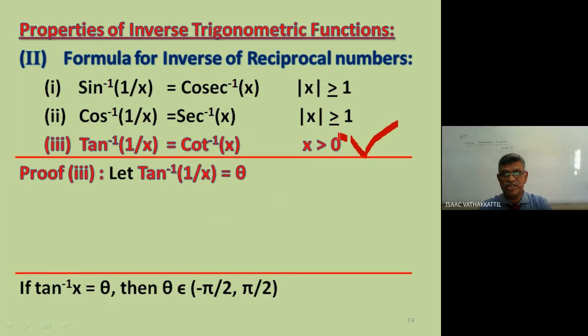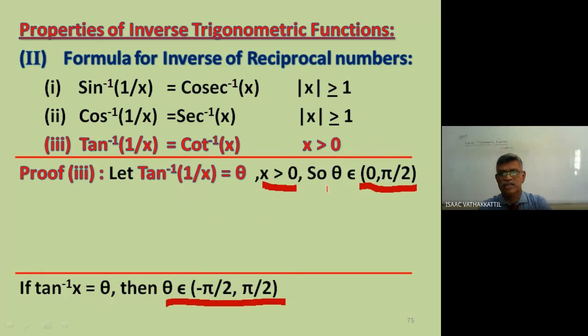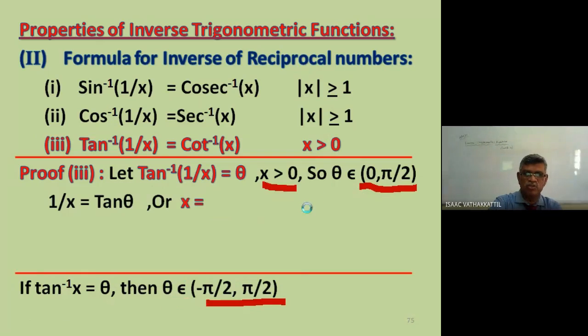But as I have restricted x to be more than 0, tan inverse 1 by x will naturally be more than 0. That is, theta will be between 0 to pi by 2. If it is minus pi by 2 to 0, then tan theta will be negative and 1 by x also will be negative. Okay? So theta belongs to 0 to pi by 2.